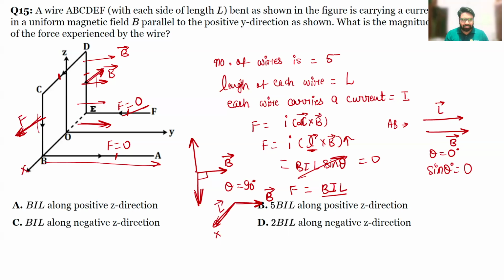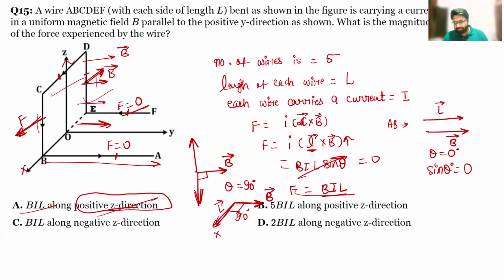Pointing upward means the positive Z direction. The magnitude is always maximum because this angle is 90 degrees, so the force will be BIL. So the magnitude is BIL and the direction is the positive Z direction. This is the way you can calculate.